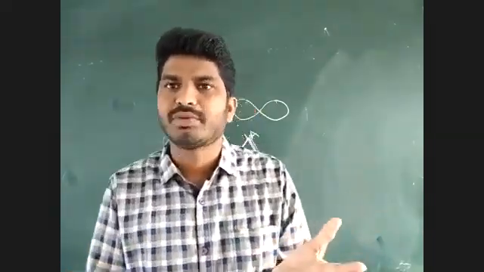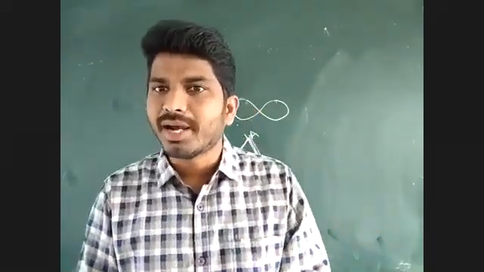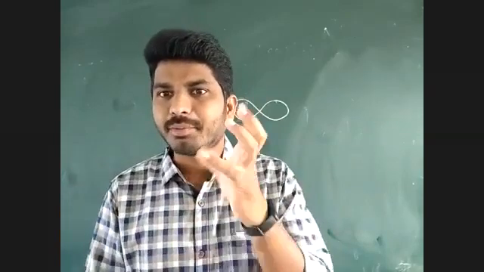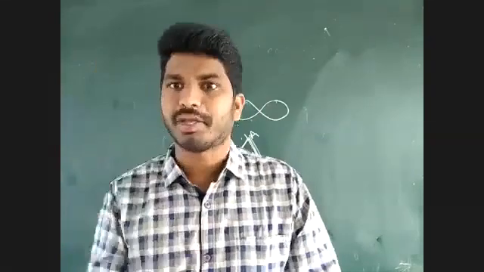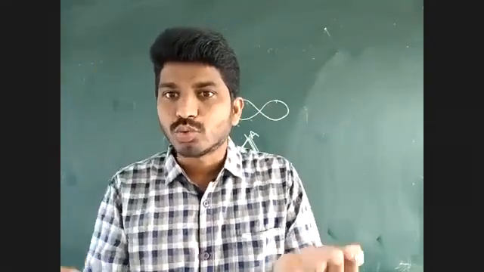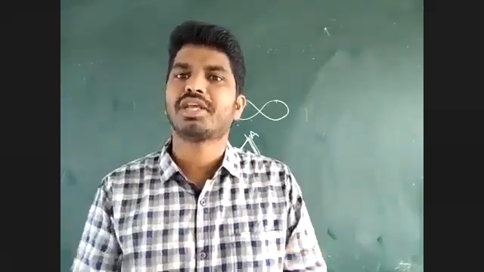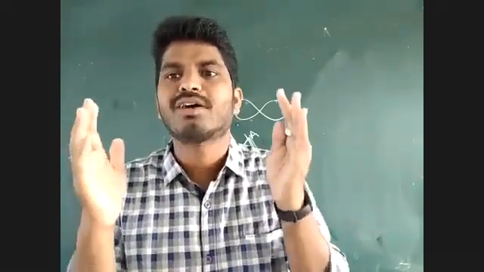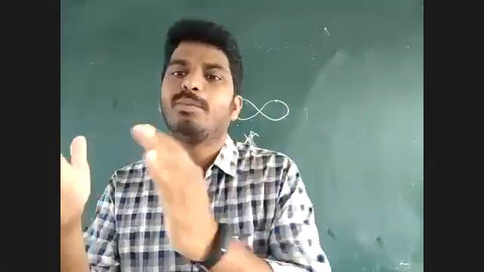These two objects have the same shape, but sizes are different. The cricket ball is a little bit small and the volleyball is a little bit big. But these two objects have the same shape, that's why we can say that these two objects are called similar objects.